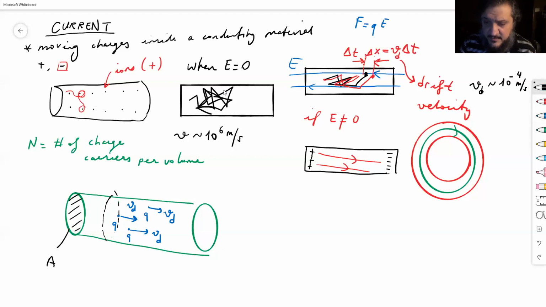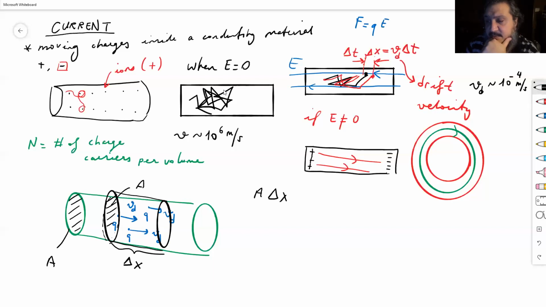I'm going to take from here to, let's say, over here, like a cylindrical segment of that wire. The length could be delta x. So the volume I'm considering is this base, which is A, times delta x. This will be the volume.